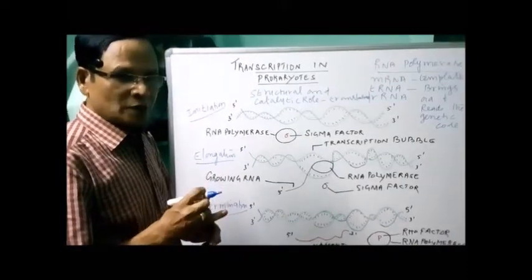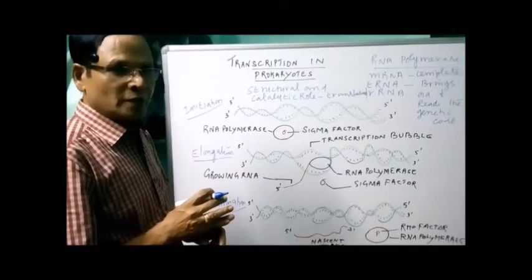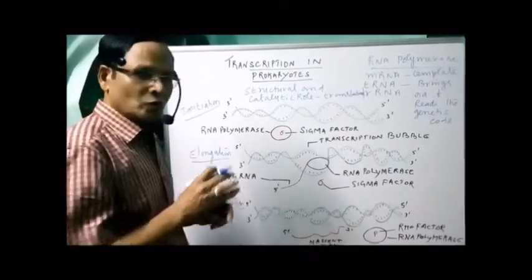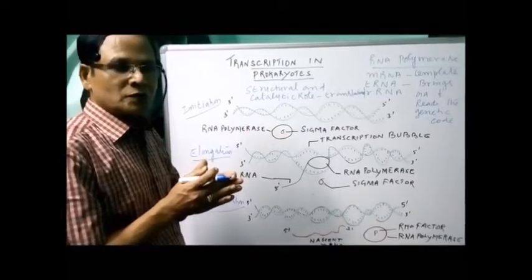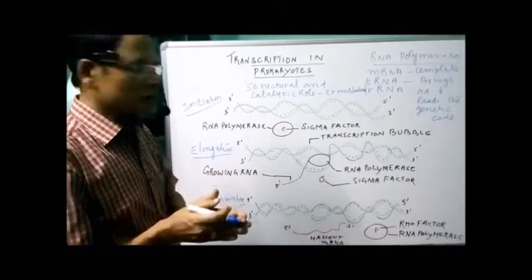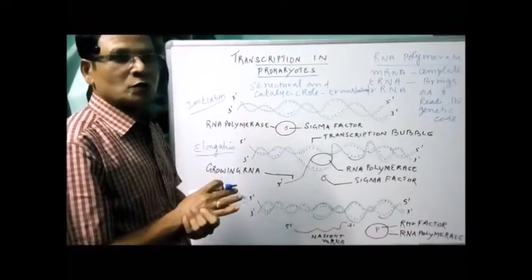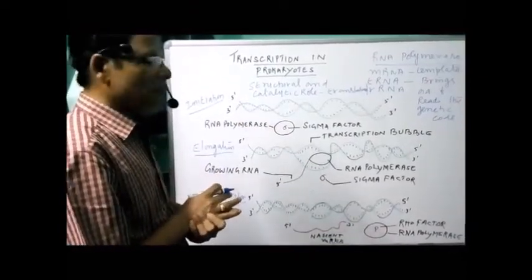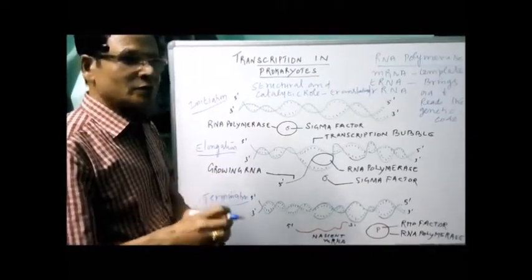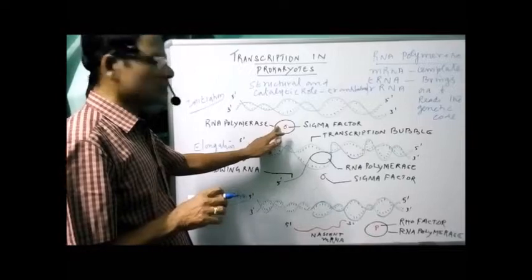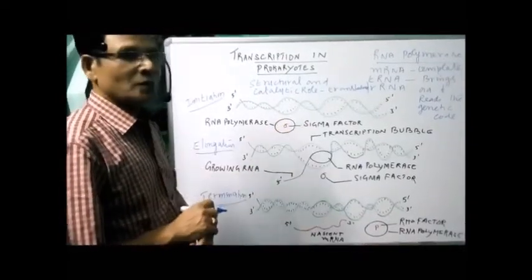Okay, first the RNA polymerase binds to the promoter region. There we have the Tata box which directs, in the case of prokaryotes, that one is called the Pribnow box, which directs the RNA polymerase to the site of transcription. But the transcription process is initiated by a factor which is associated with the RNA polymerase transiently, temporarily, and that is called sigma factor.